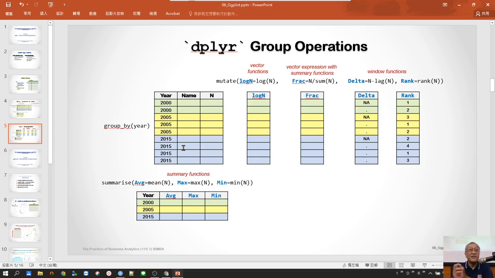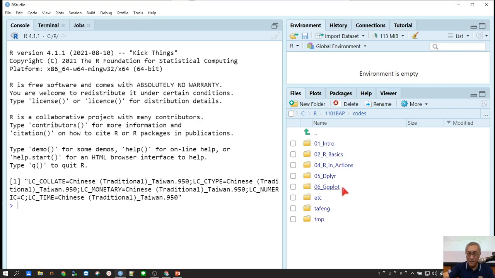If I group by baby names and then do n minus lag n, then I can see the delta, the difference, or actually the growth, of every baby name. And that cannot be done across names; they need to do it within the baby names. Let's take a look at it, and you will see how it works, okay?